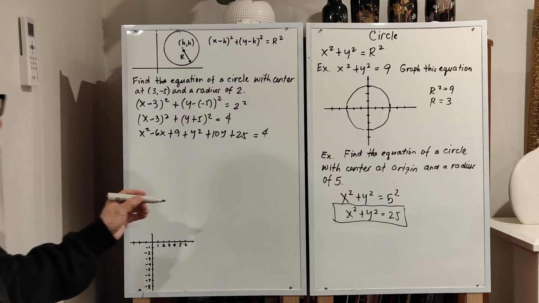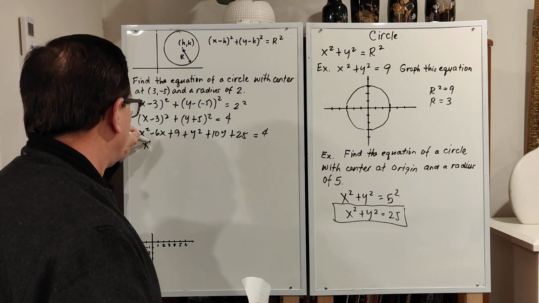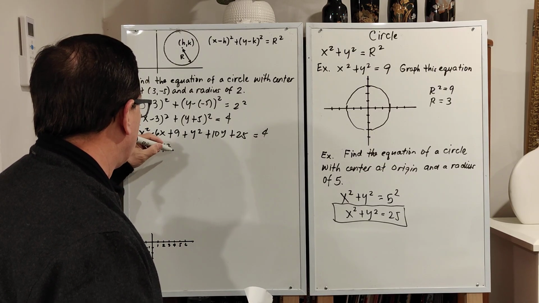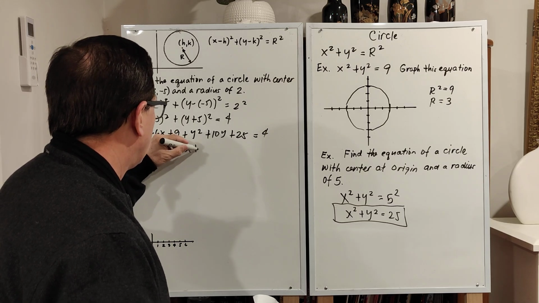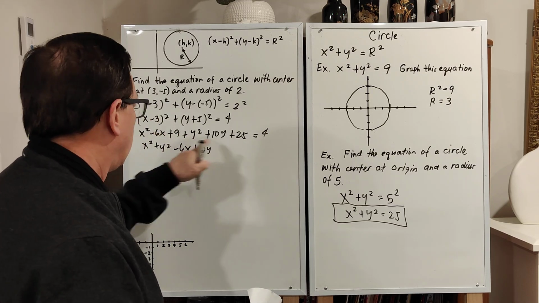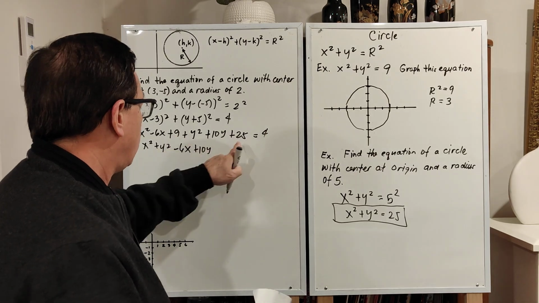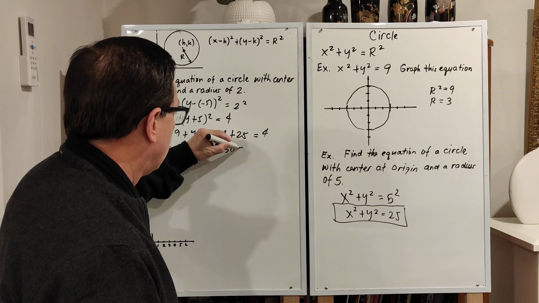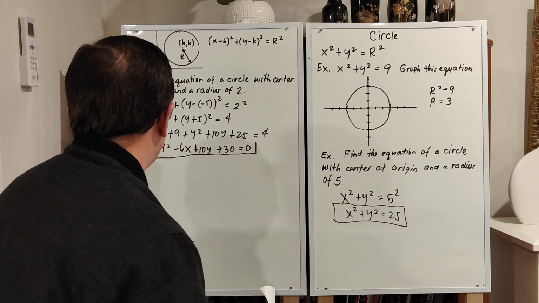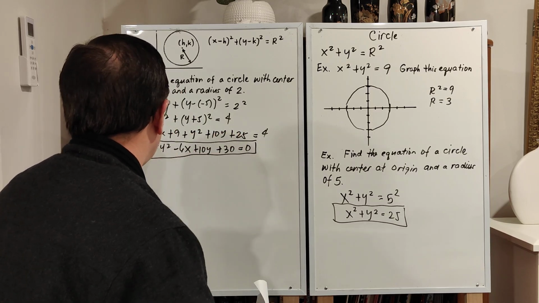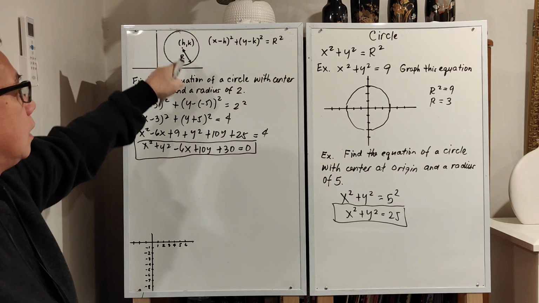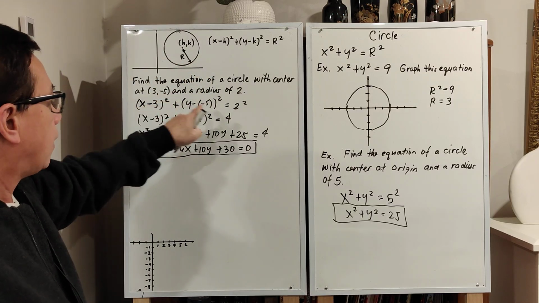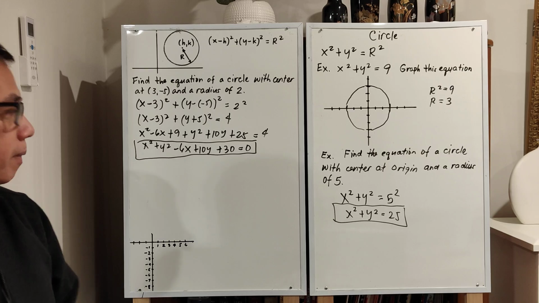Then we can rearrange: x squared plus y squared minus 6x plus 10y, 34 minus 4 is plus 30, is equal to 0. So this is your equation of the circle with the center at (3, -5) and a radius of 2.